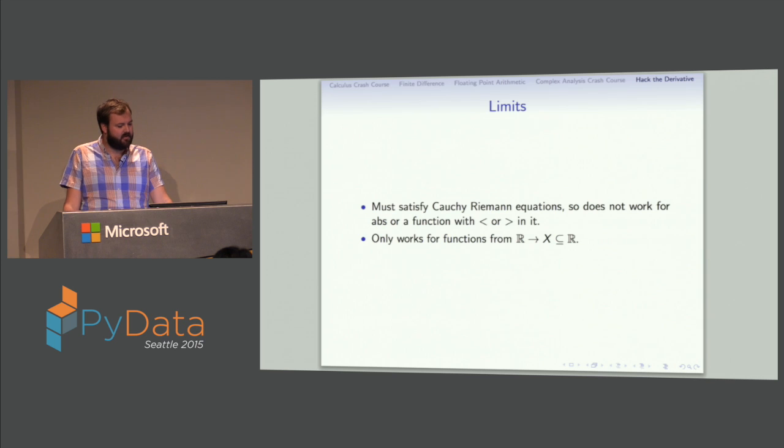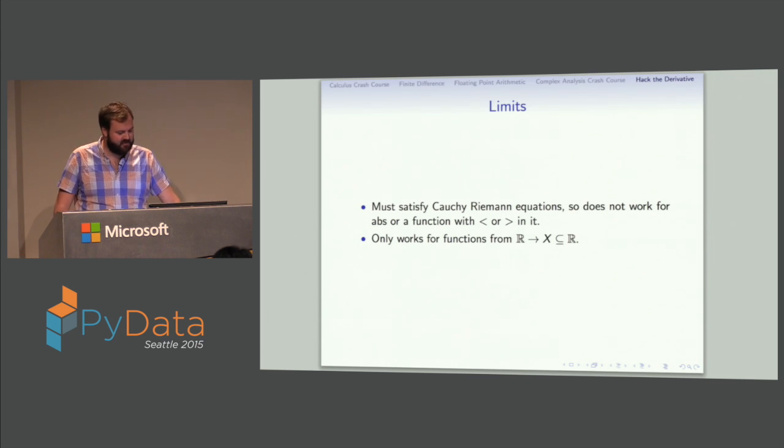And obviously, all the assumptions that we made to cancel out and use the Cauchy-Riemann equations assume that the function is going from R to R. And so if we want to find the derivative of a complex function at a complex value, this isn't an appropriate solution.